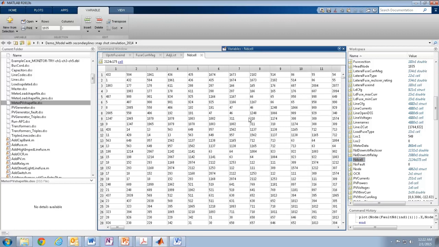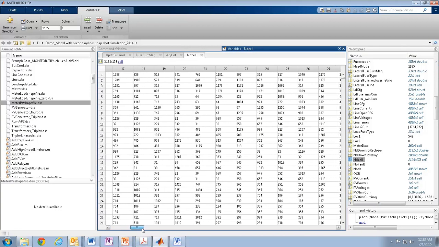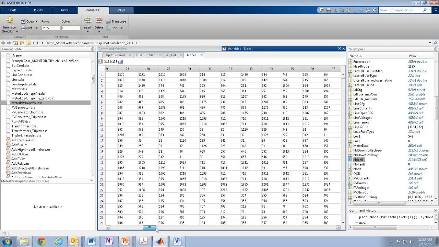So what this means is, if you look at, say, node 1, this row lists all the nodes upstream of node 1 when we trace the path from node 1 to the substation. So it goes through 432, 594 all the way to the substation node. If you keep going, it ends when it reaches the most upstream node.